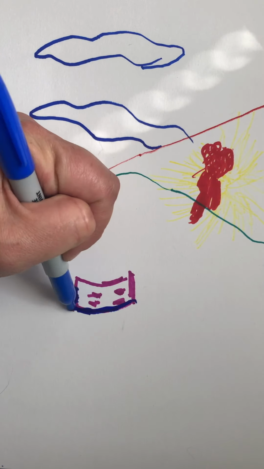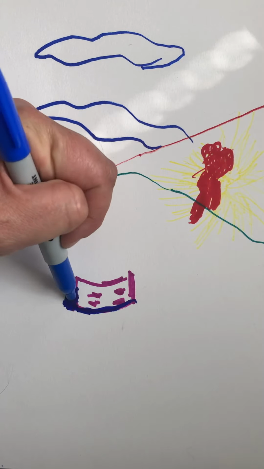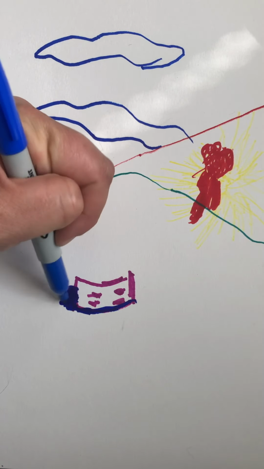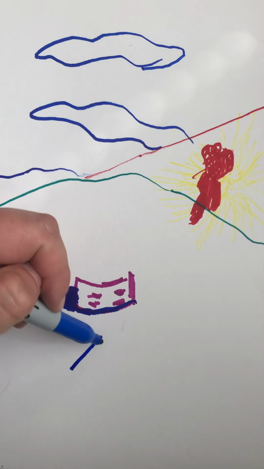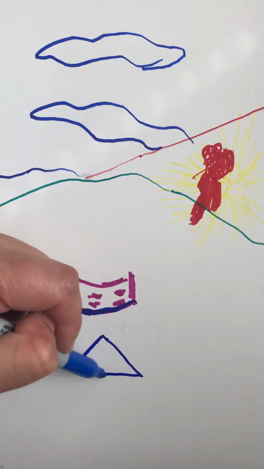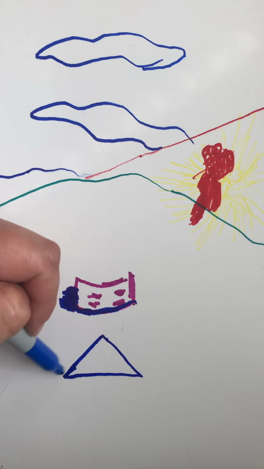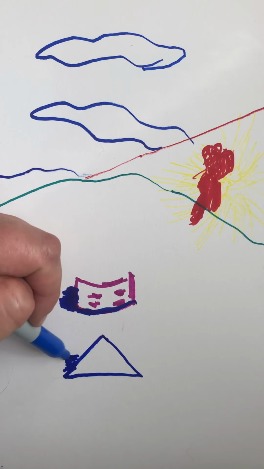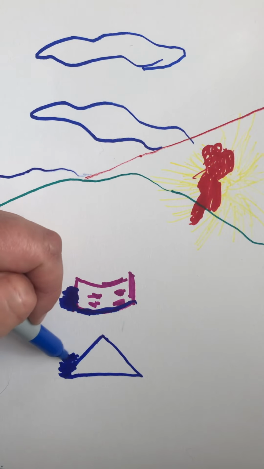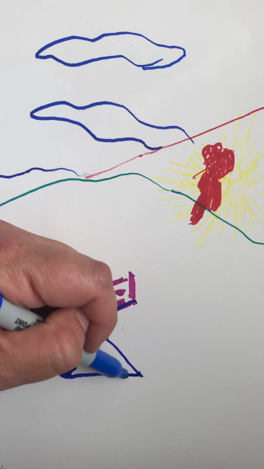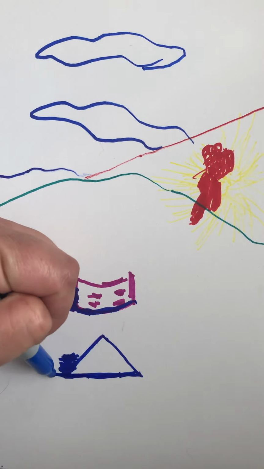Make a thin line here. Make shade there. You can also do the same with the tent. Just draw a triangle for the tent. And a shadow like that. And a shadow of the tent there.